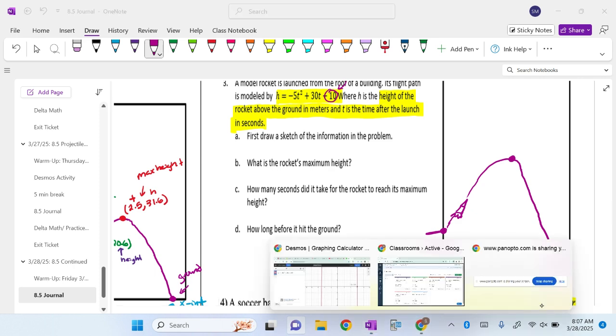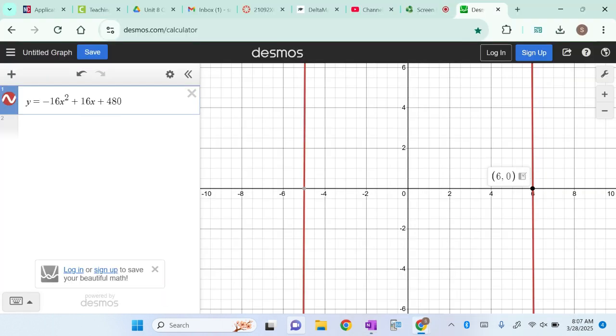So remember, the main key features you're looking for are the vertex and the x-intercept. That's pretty much it for those three questions.